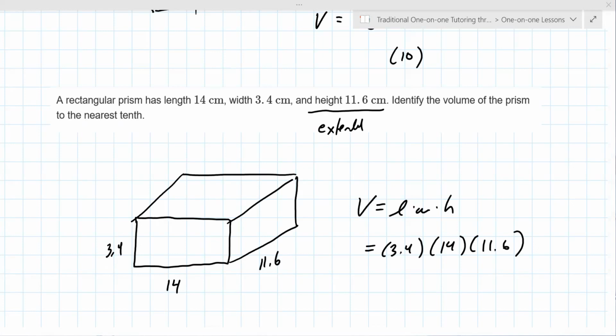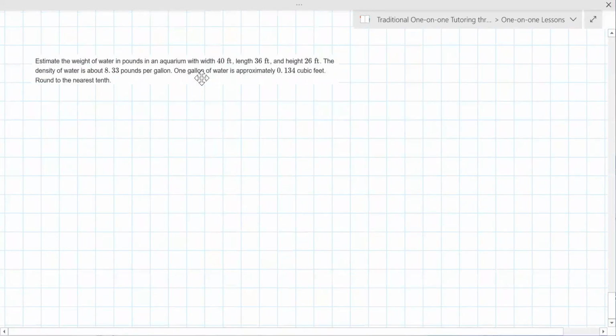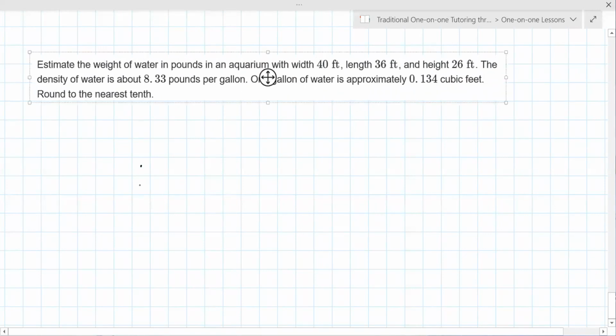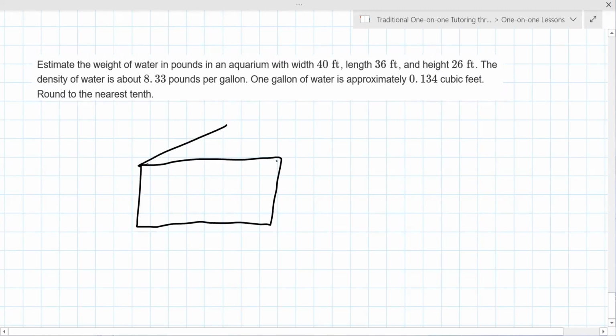All right, so we're moving through this relatively quickly. So the last problem is a little more difficult. They're giving you an aquarium. So the aquarium looks like this, not to scale. They don't say it's a rectangular prism, but they give you 40, 36, and 26 as your dimensions.